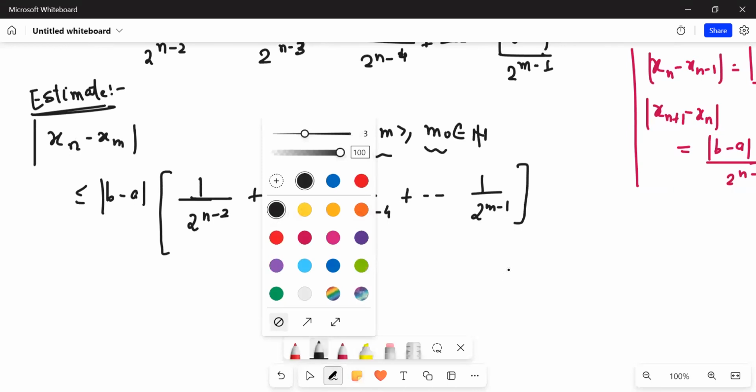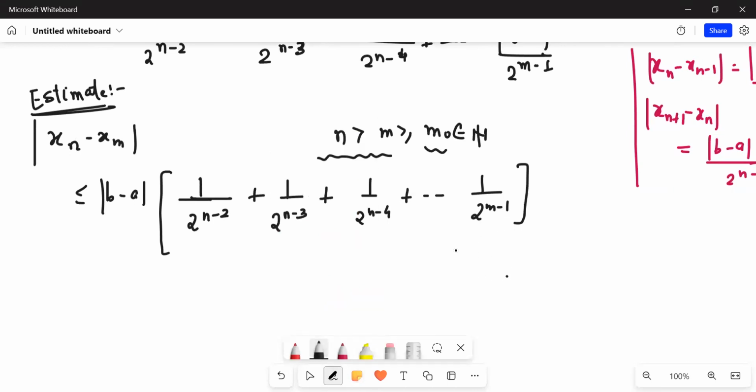What is the way ahead? Just take the highest power common. If I'm taking n to be greater than m, the highest one would be this, clearly. You can clearly see that this would be highest because m is small, and if m is small, something being divided by a small power is bigger. So obviously this is the biggest term. So I'll take this common out.